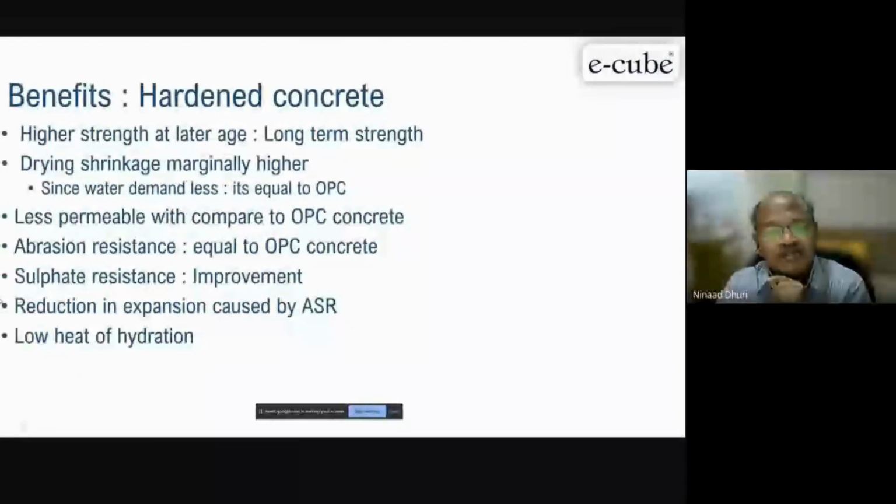Here only sulfate is given, and due to the permeability we get some resistance to chlorides. But in seawater we have both chloride and sulfate. That we'll discuss, I think, in the next lecture.